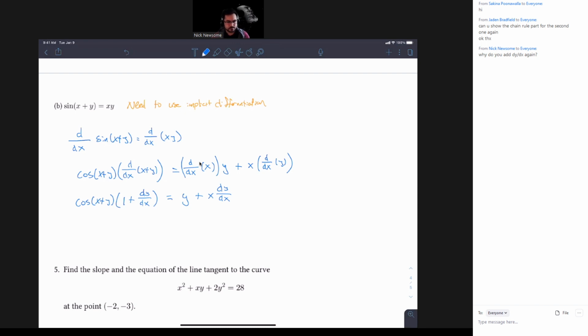All right, so at this point I want to solve for dy/dx. I just need to do some algebra. I want to get everything that has a dy/dx on one side and everything that doesn't on the other side, and then factor it out and divide.